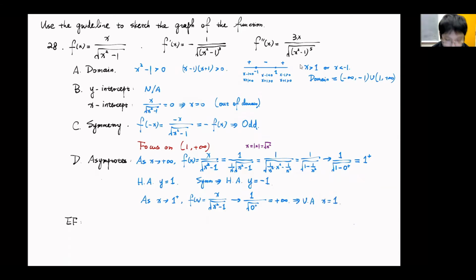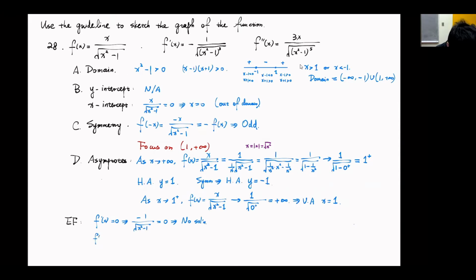All right, so this concludes the discussion of asymptotes. Now let's look at the derivative. You see that f prime of x is looking like this, and f prime of x equals 0 means -1 over root of x squared minus 1 equals 0. But from this, you get no solution.